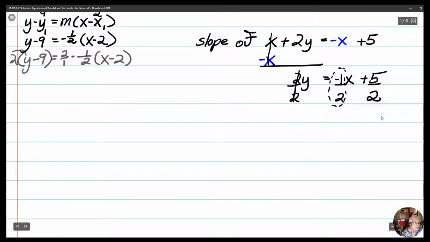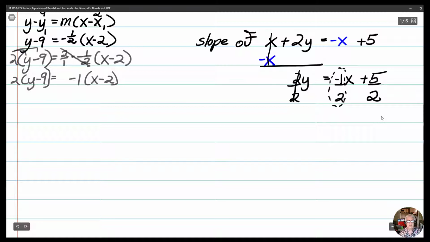Then I'll distribute the 2. And I don't have to distribute this 2 because it encounters the negative 1/2 before it ever gets over here. 2 over 2. They cancel each other, leaving me with negative 1. So I'll have negative 1 times x minus 2 equals 2 times y minus 9.